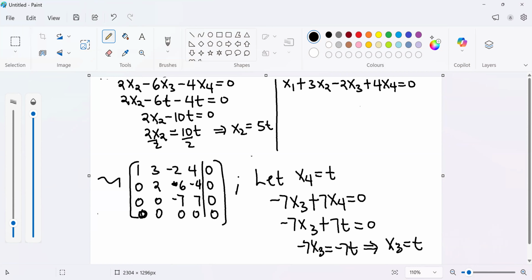Then I substitute: x1 plus 3 times x2 is 5t, minus 2x3 is t, plus 4x4 is t, equals 0. So this is x1 plus 15t plus 15t minus 2t is equal to 0.